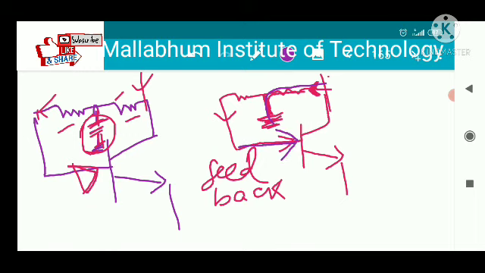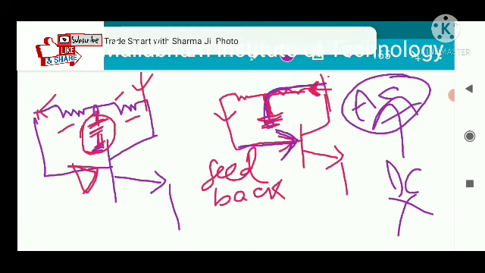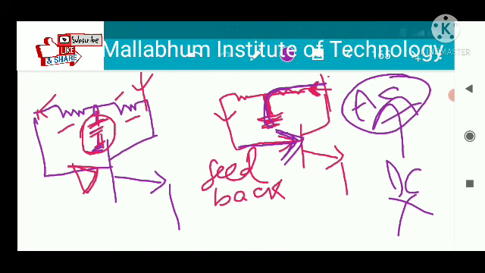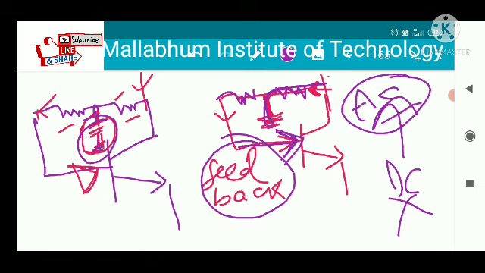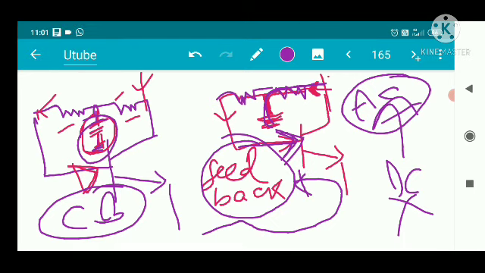This happens only in AC, not in DC. So no AC signal is fed back to the base terminal. That's why we have eliminated this feedback problem by connecting a capacitor here and dividing the base resistance between these two. So that is all about the collector to base bias: what collector to base bias is, what the problem is, and how we can eliminate it. Okay, thank you.